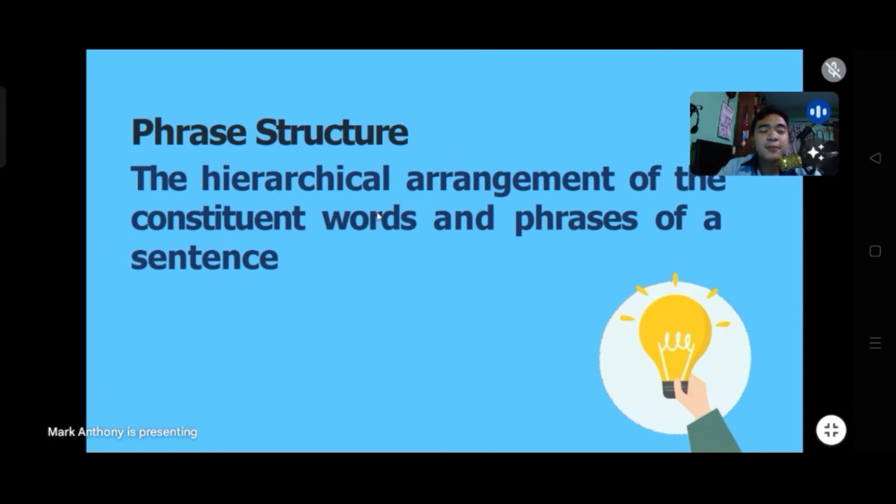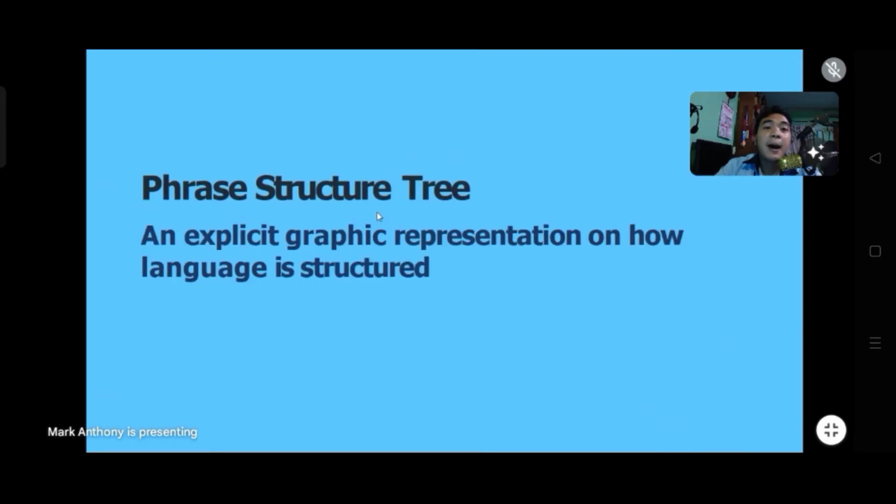But for us to fully understand what phrase structure is, we'll be needing the help of a phrase structure tree. So you might be wondering, is this tree the literal tree that we see in our environment? Actually, no, because this phrase structure tree is an explicit graphic representation of how language is structured.